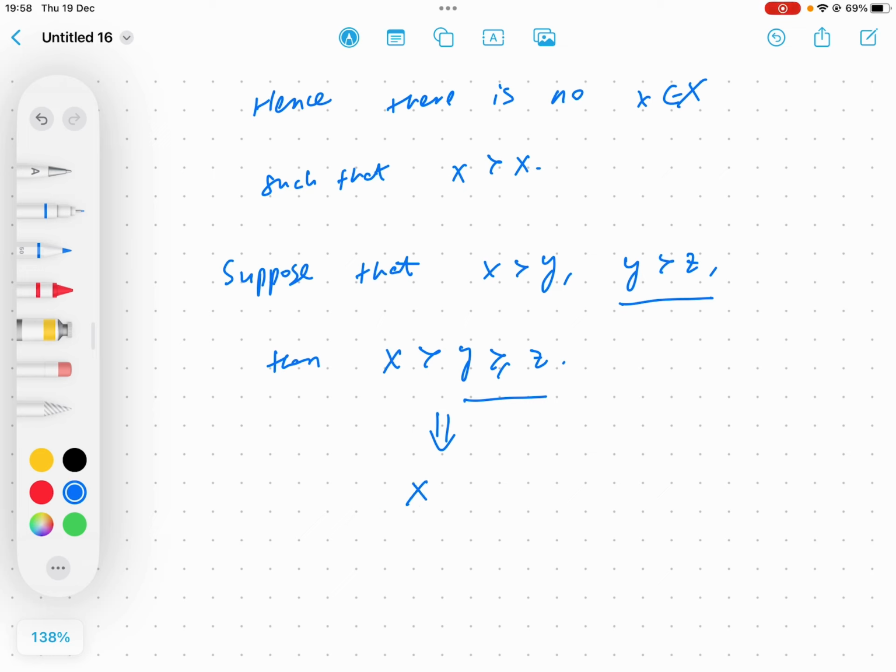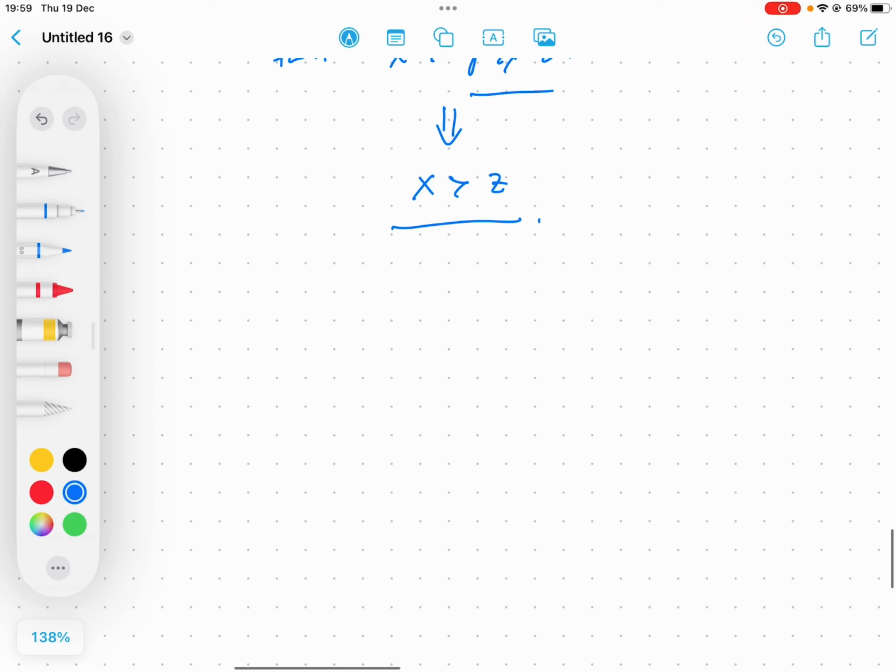So that gives us directly y is strictly preferred to z, because we have already proved that from the third result, right? And then from here we can arrive here, so this completes the proof for the transitivity of the strict preference, right? Okay, so that'll be the first result.